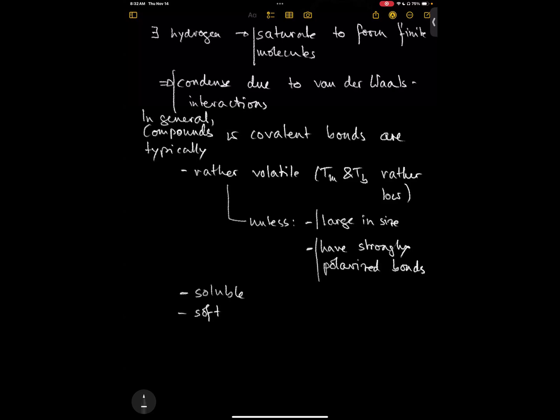Again, the exception can be diamond, right, which has a very strong hardness, but that's a regular periodic crystal, and it's not dominated by van der Waals interactions.